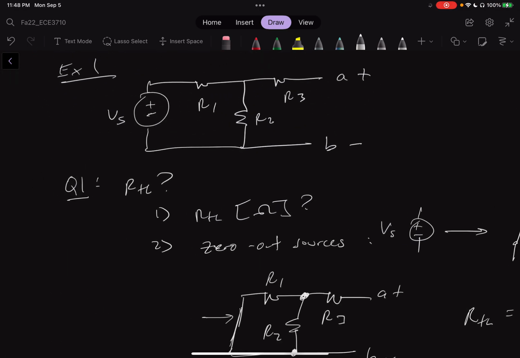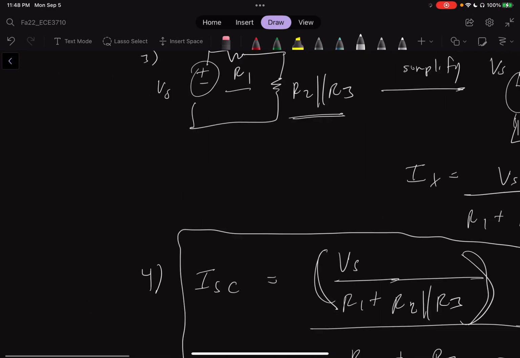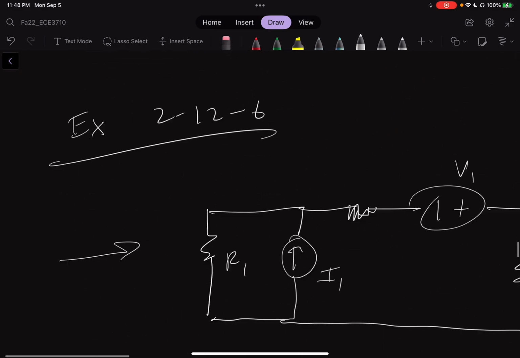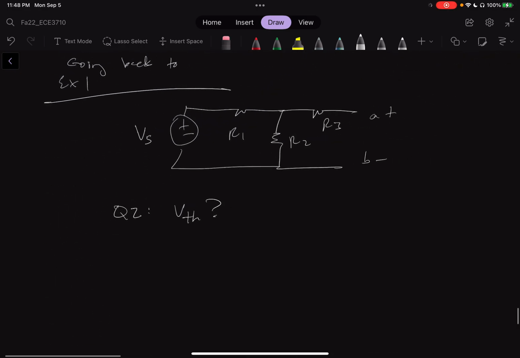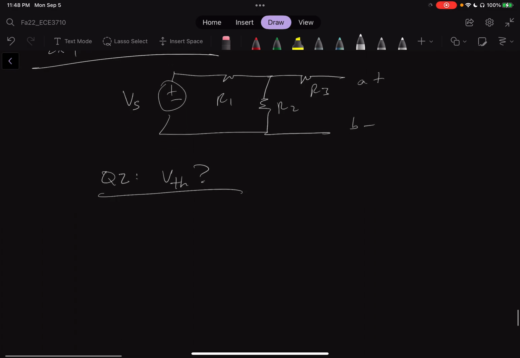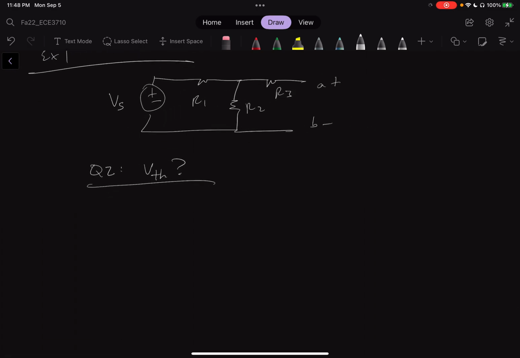We were asked, what is V Thevenin? Then we were asked, what is Isc? So I am saying, imagine we were asked, what is R Thevenin? But then the second question was, what is Vth Thevenin? How would you go about it? So don't forget, VAB is equal to Vth Thevenin. To do this, we're solving for Vth Thevenin in units of volts.